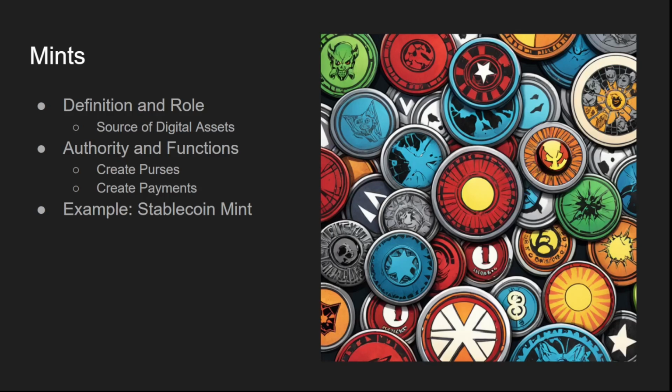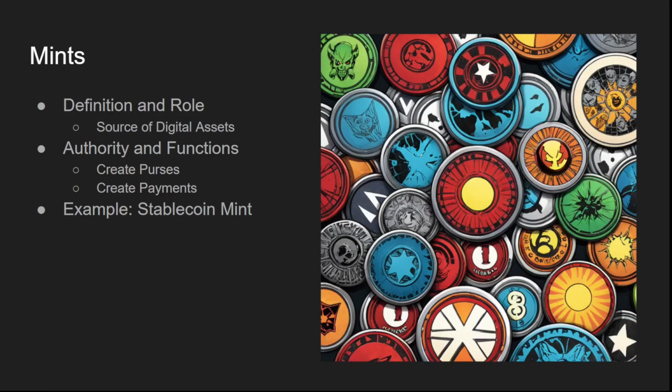For instance, a purse might be created with 100 USD coins. The mint can also create payments. For example, it might create a payment of 10 USD coins that can be used to buy goods or services. In this example, the USD coin mint ensures that all USD coins in circulation are valid and accounted for, providing trust and stability in the ecosystem.